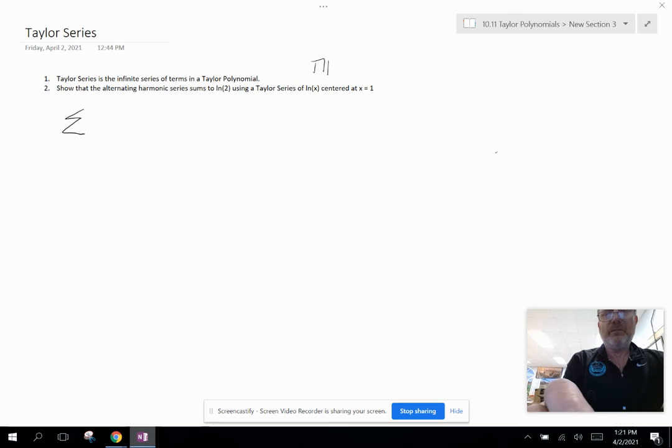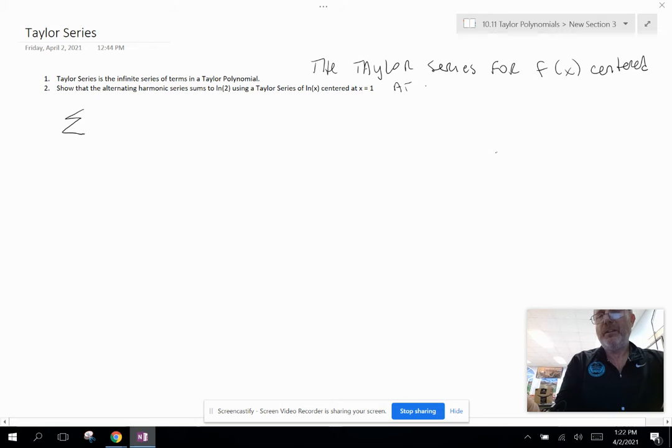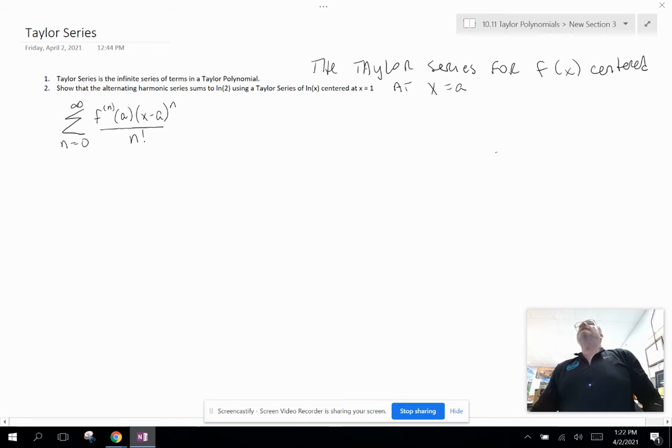A Taylor series for a function f of x centered at, or sometimes said expanded about, x equals a, is the sum, n equals 0 to infinity, of the nth derivative of f evaluated at a, times x minus a to the nth power, all over n factorial. That's the Taylor series of a function.